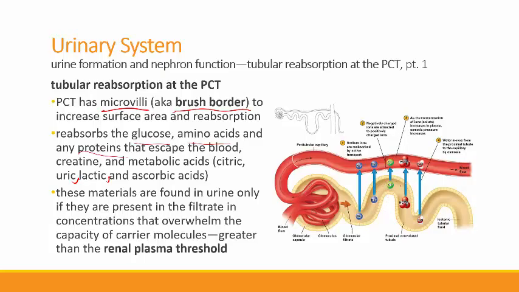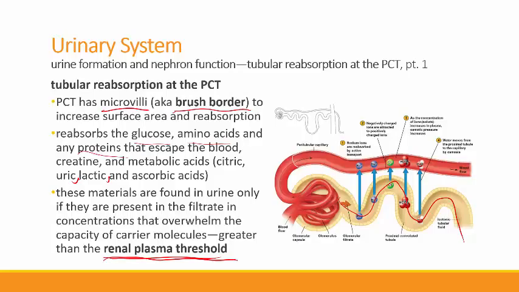If we overwhelm their ability to drag all this stuff out of the developing urine, we talk about the maximum amount of glucose or amino acids or whatever the material is, that maximum amount that we can bring back into the body as the developing urine is flowing through the proximal convoluted tubule, as the renal plasma threshold. So if we exceed the maximum ability of the body to reabsorb, then we have exceeded the renal plasma threshold.